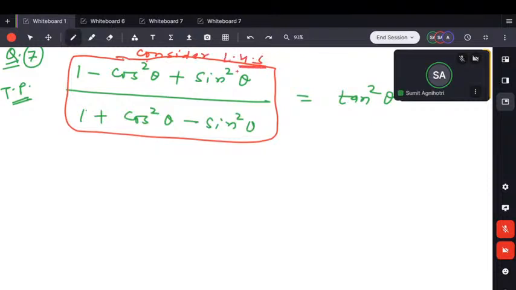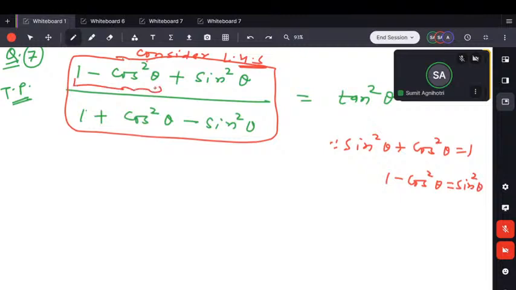Okay, consider LHS. Now, if you remember this identity, it's going to be very helpful. From here only we can get 1 minus cos square theta, which is actually sine square theta, and in the place of this we can write that.